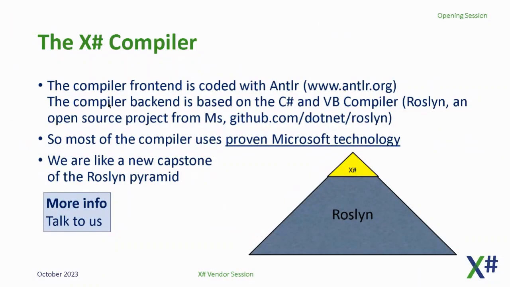The compiler, like I mentioned, is created on top of Roslyn. We have drawn this pyramid here, and the top of the compiler, which is colored yellow here, we created that with a tool called Antler, which is a compiler generator. And Antler helped us to automate the creation of what's called a parser.